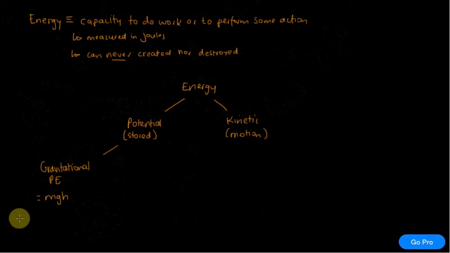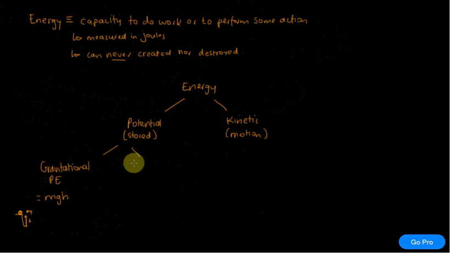So say, for example, that an object is resting on a table, the amount of potential energy it possesses is equal to its weight multiplied by the distance above the ground that it is, right? So I'll get to the link between this and kinetic energy a little bit later on.